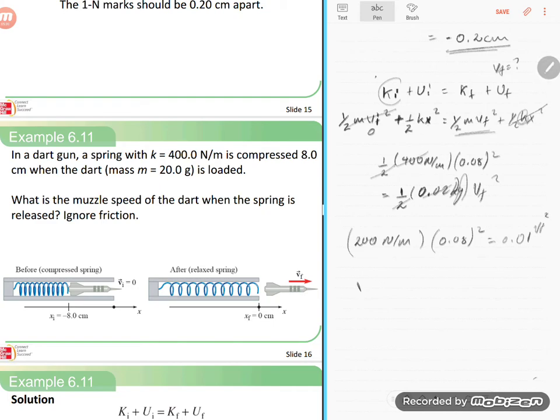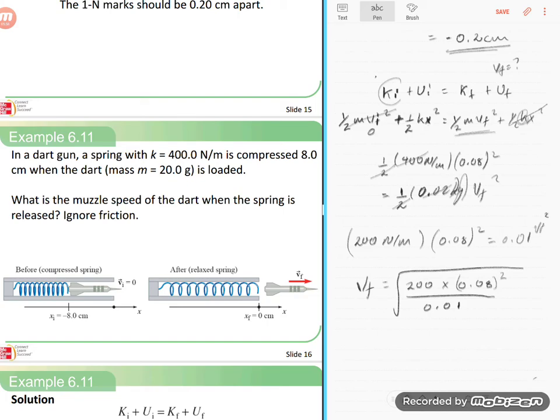So in order to find v final, what we have to do is 200 times 0.08 square divided by 0.01, and square root.